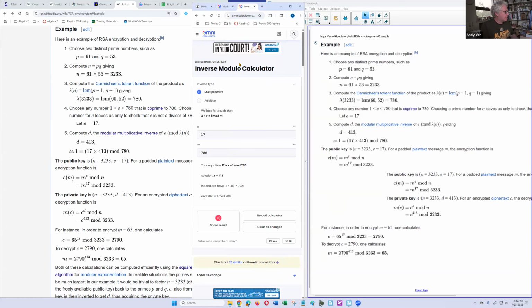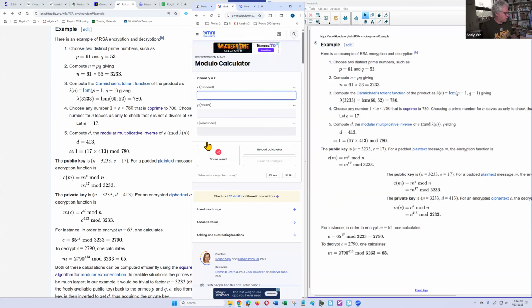So let me try to show you that. I believe that actually works in this calculator. It's not too large here. So 65 to the 17 power. There we go. It says 6.599 times 10 to the 30. So it's a very, very large number. And then you divide it by 3,233.